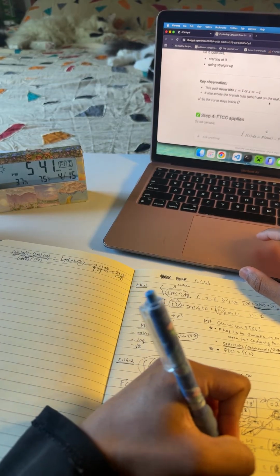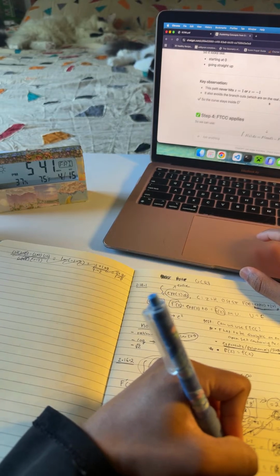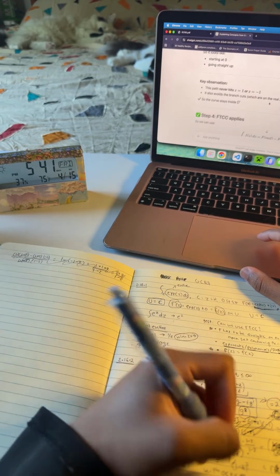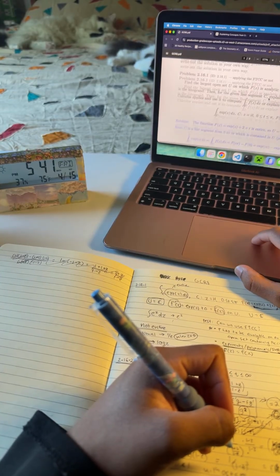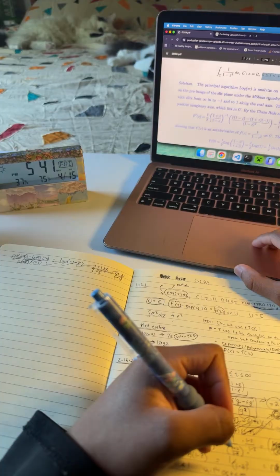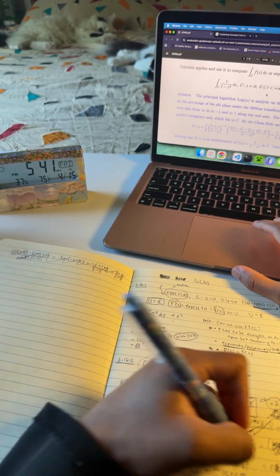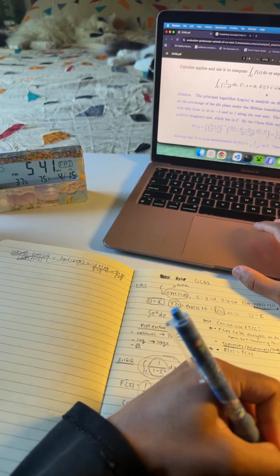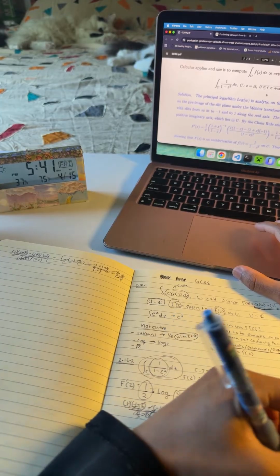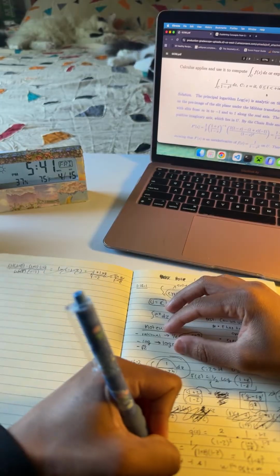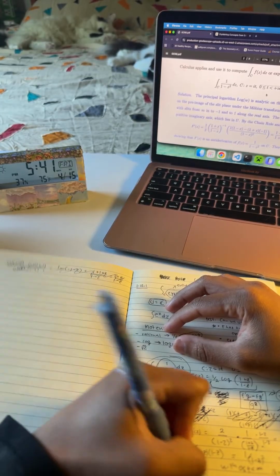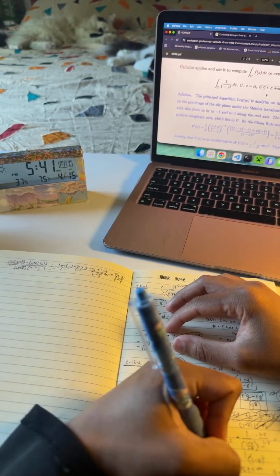With t equaling these things, it never hits negative 1 or 1. So we apply the fundamental theorem of complex calculus.